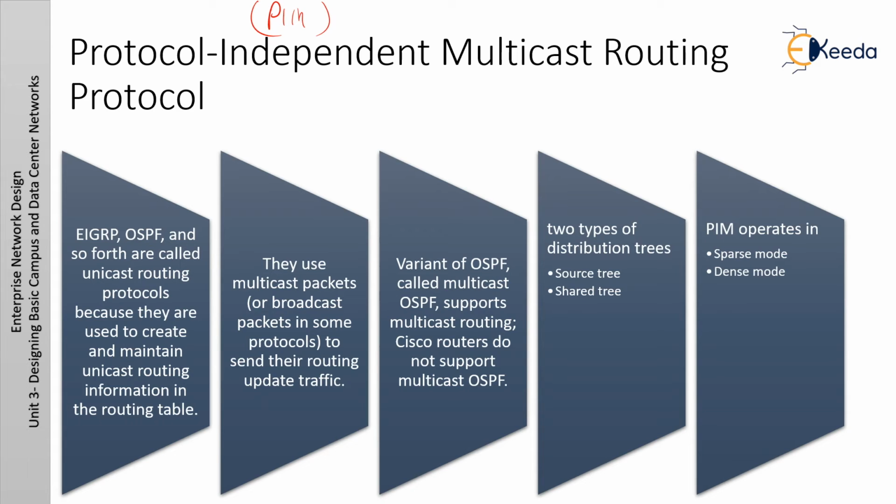A very important thing is that EIGRP, OSPF and other protocols are called unicast routing protocols because they are used to create and maintain unicast routing information in the routing table. We know that some protocols use multicast or broadcast packets to send their routing update traffic, and a variant of OSPF called multicast OSPF supports multicast routing.